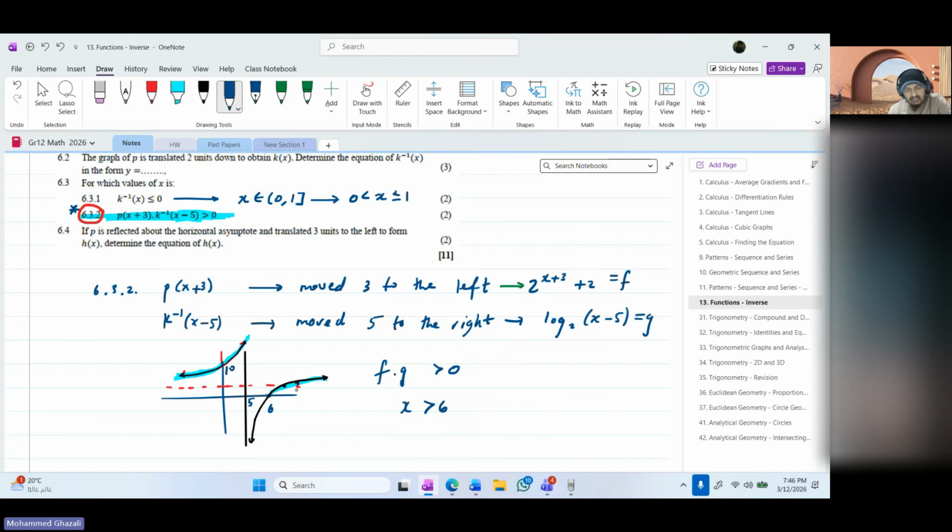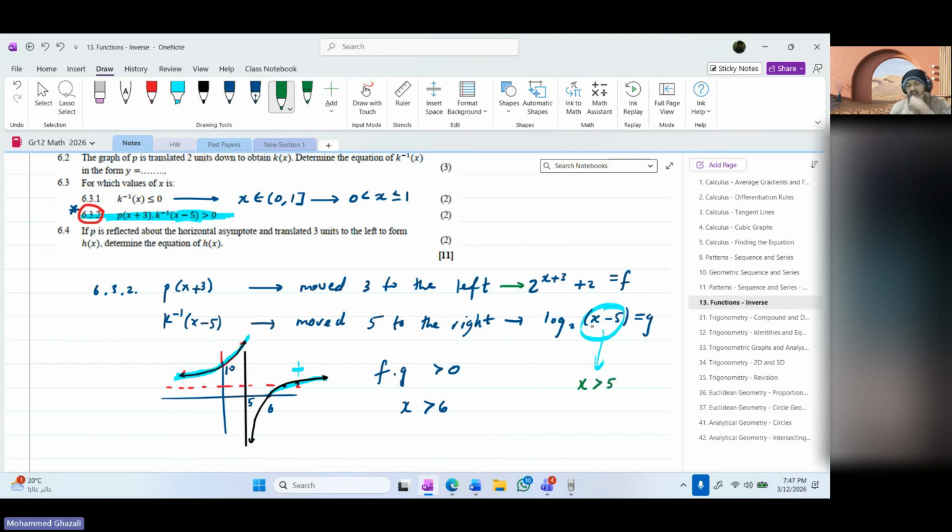The product of two functions will always give us a positive, because if you take any value between 5 and 6, that will become negative, and this is always positive. We can forget about that. And plus, with the log function there's a restriction: you can't take less than 5. Everything over here, you can only take values of x greater than 5.